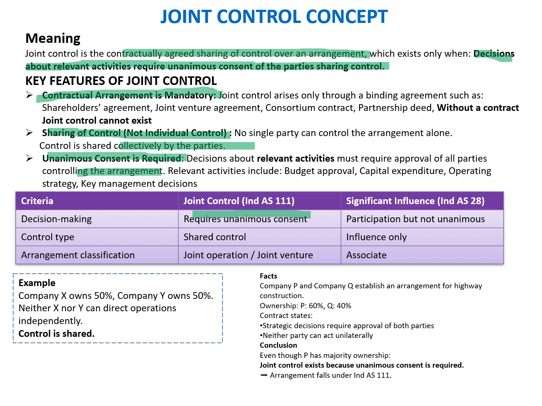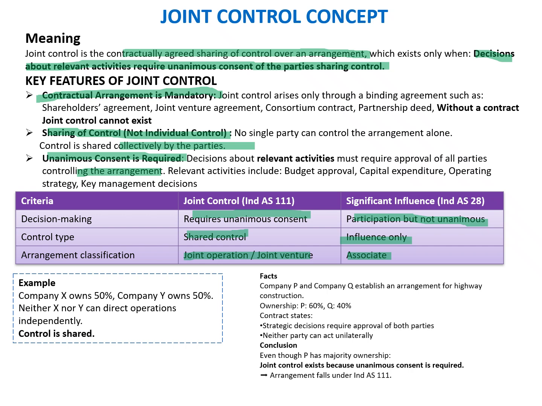But if we compare it with Ind AS 28, there it was participation but not unanimity. So the control type is shared control. In Ind AS 28, it was influence only, and the arrangement classification is joint operation or joint venture. But significant influence is what is required when we're talking about associates. So the key definitions that make Ind AS 111 different from Ind AS 28 are, first, the control type, which is shared control in Ind AS 111 versus influence only in Ind AS 28.